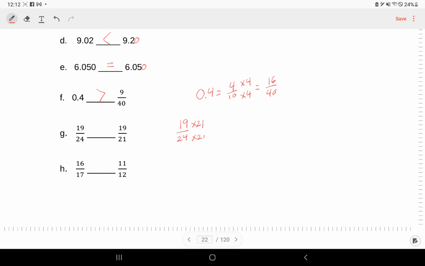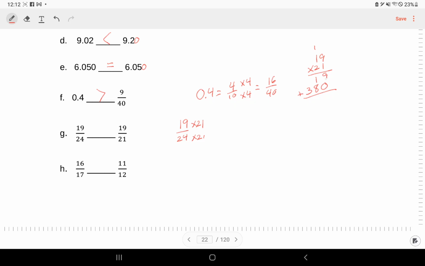And yes, I know a bunch of you just went 21. Well, 19 times 21. 1 times 9 is 9. 1 times 1 is 1. Placeholder. 2 times 9 is 18. Carry 1. 2 times 1 is 2, plus 1 is 3.